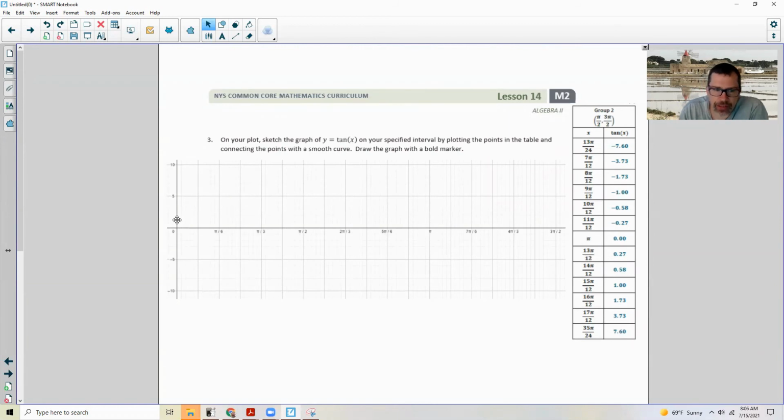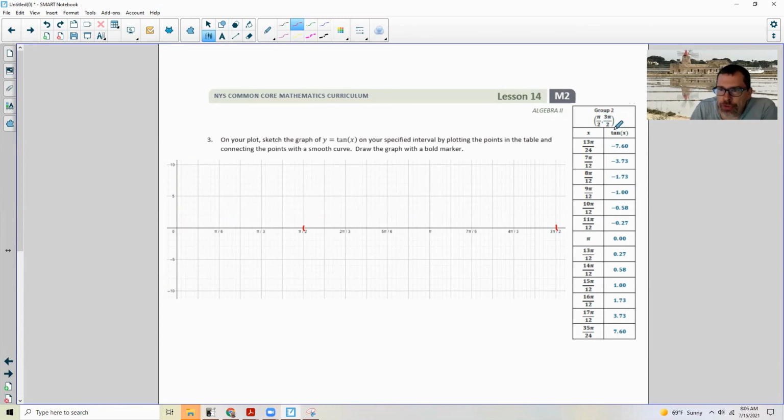So here is the y-axis over here. All right, so with that being said, here's my origin. Pi over 2 is right here. So if I put a tick mark there, there are my two endpoints. I am going to graph between pi over 2 and 3 pi over 2. And that's my group. This is group 2.